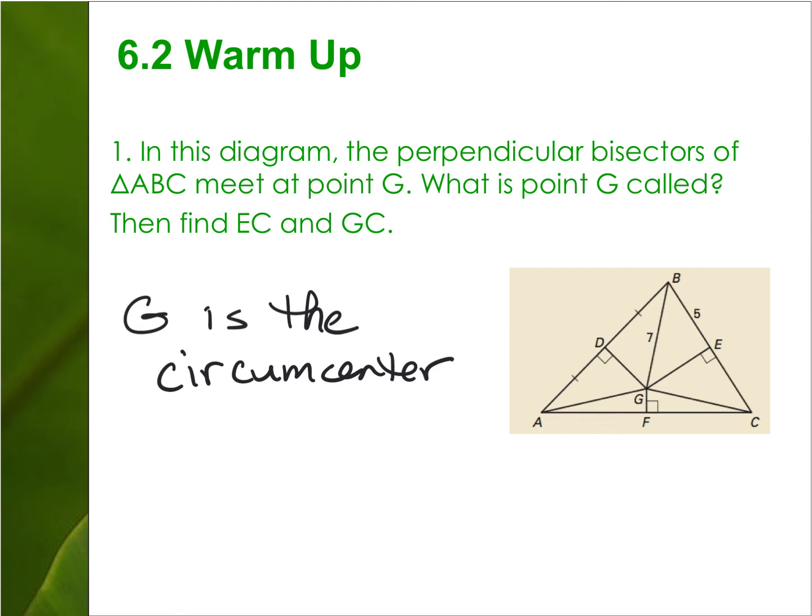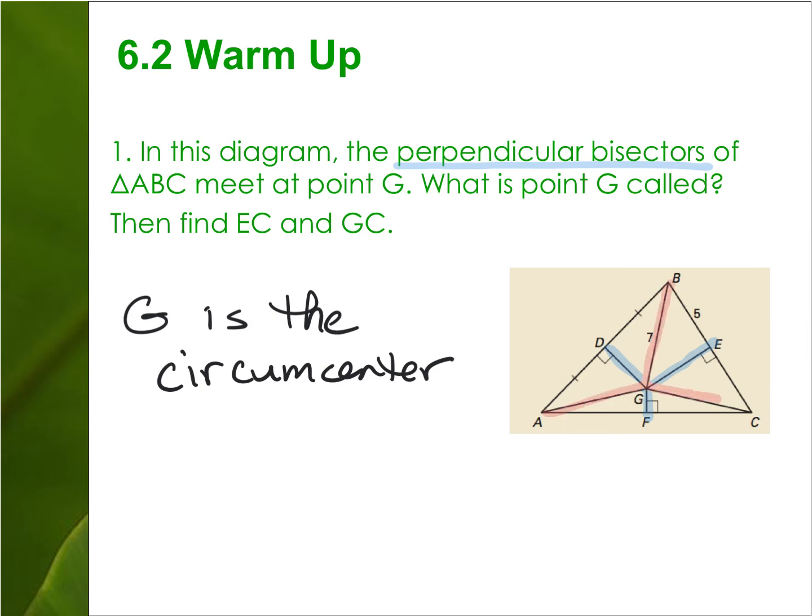So let me go ahead and highlight here. So I'm going to highlight all of my perpendicular bisectors in blue. And I learned that from this point of concurrency, I can draw a segment that is equidistant to each of the vertices.